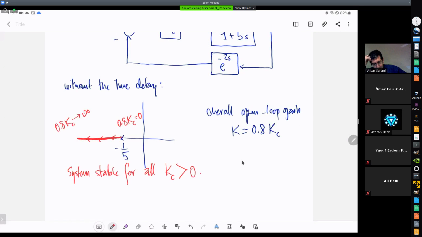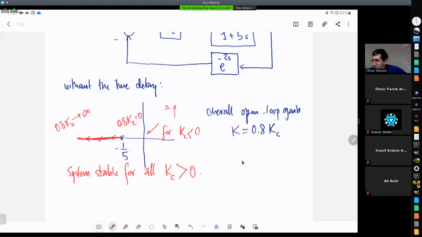Obviously, if you use Routh-Hurwitz for Kc negative, you will have somewhere at this point where you cross to the positive unstable part of the S-plane.